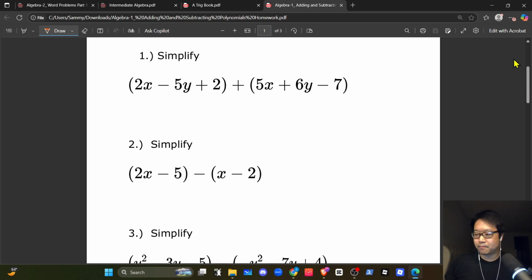So simplify. Again, all we're doing is combining like terms. Since there's a plus sign over here and not a negative, we don't have to distribute anything. We can just simply pop our polynomials out from the parentheses.